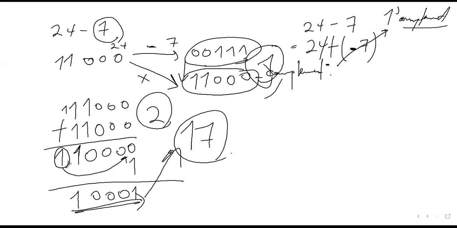We actually remove it and add it here. We get this number. This number is equal to 17. 24 minus 7, for us humans, it is 17. So which means the digital systems, they know what they do when they subtract using one's complement.